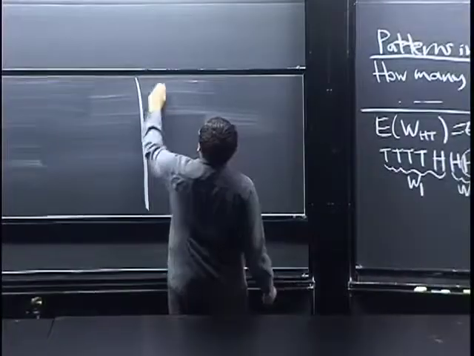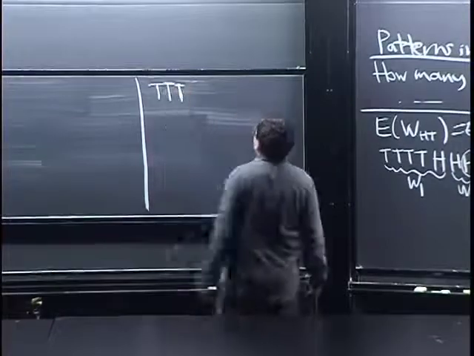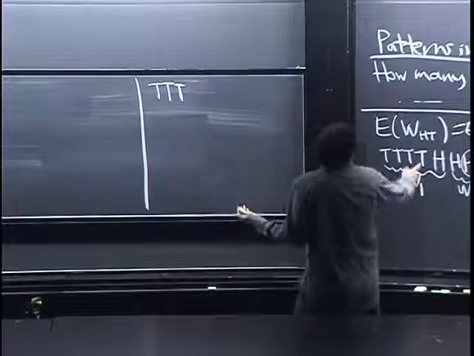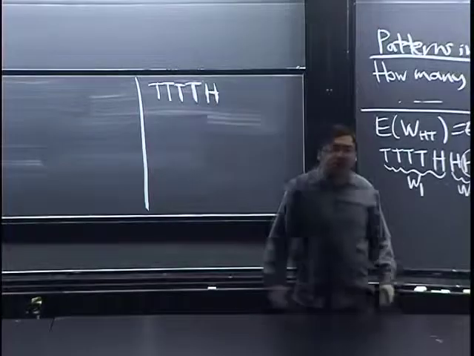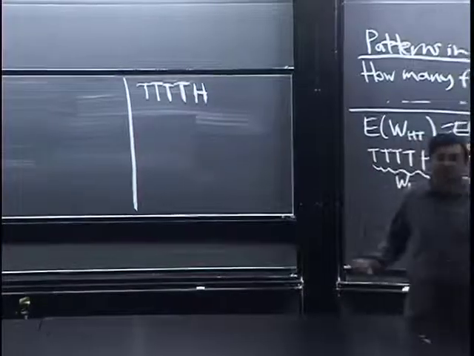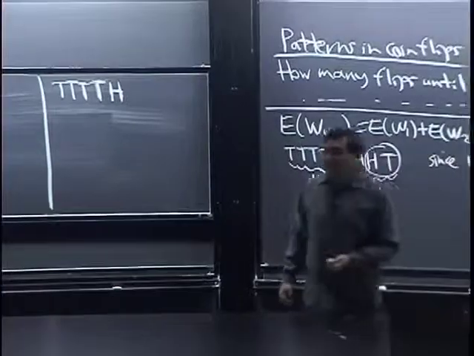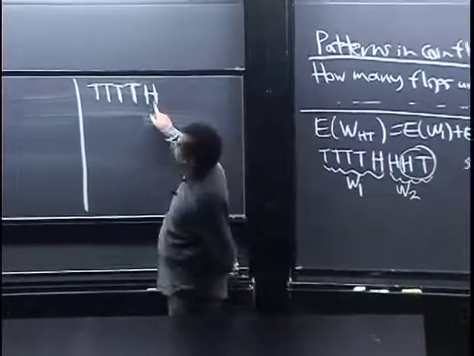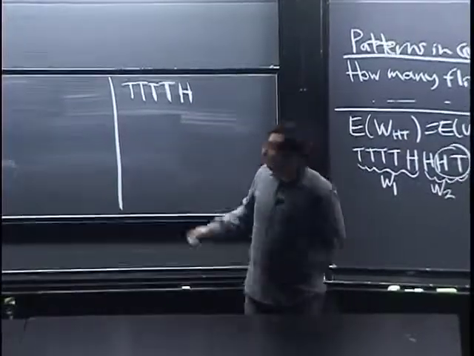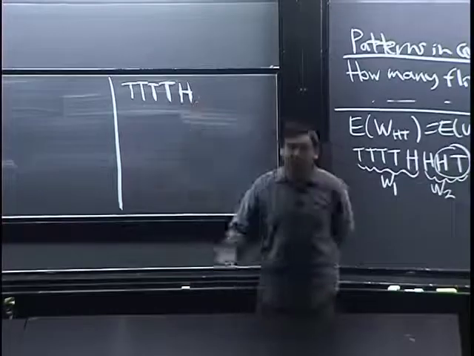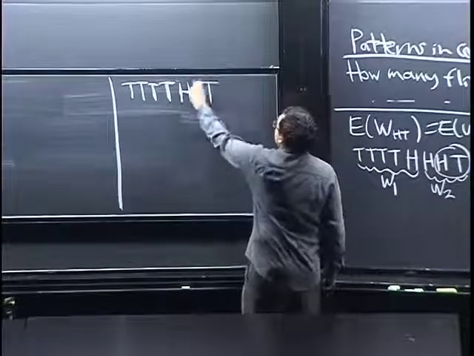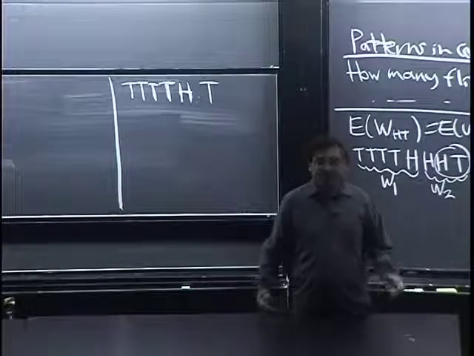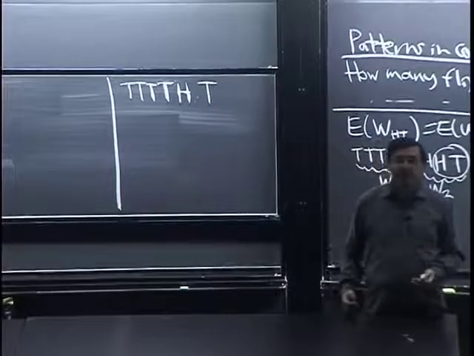So again, maybe the sequence starts out tails 3 times, 4 times, like here. Eventually the coin lands heads. Now at this point, we could still call that W1 if we want, but either of two things can happen. Either the next flip is heads, then we're done, we got it. But if the next toss is tails, we have no partial progress anymore.